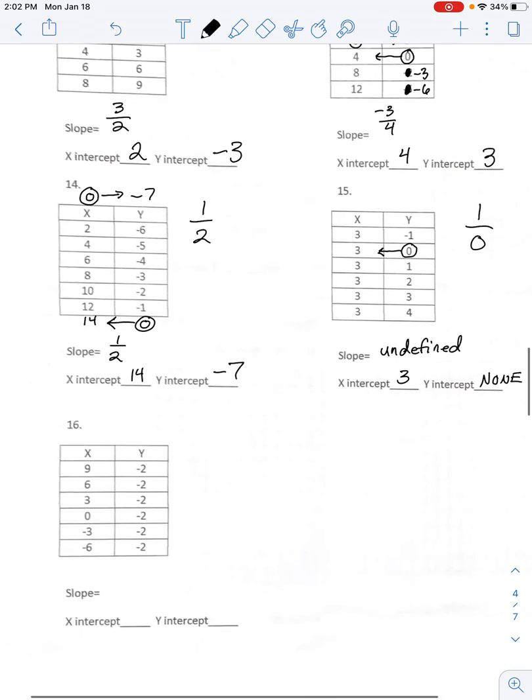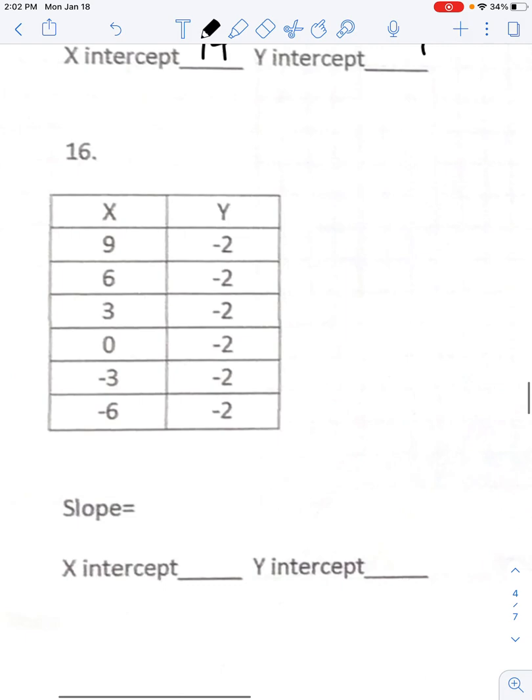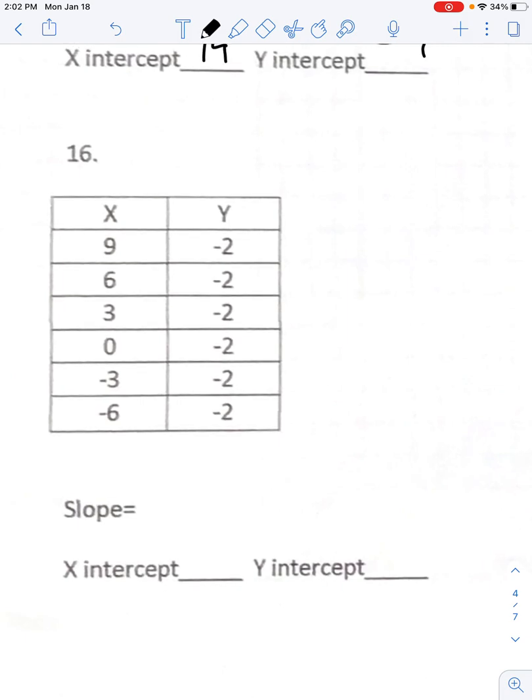Next one, 16 works the same way. You have a 0 right here, meaning you have a y-intercept, which is negative 2. Now, if you look over here, there is no 0 in the y column. You're never going to get to 0 in the y column, so you're not going to have an x-intercept. That answer is going to be none.